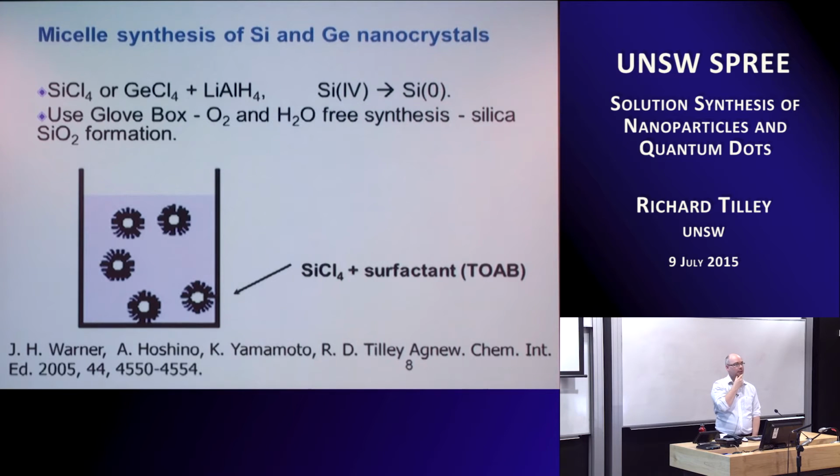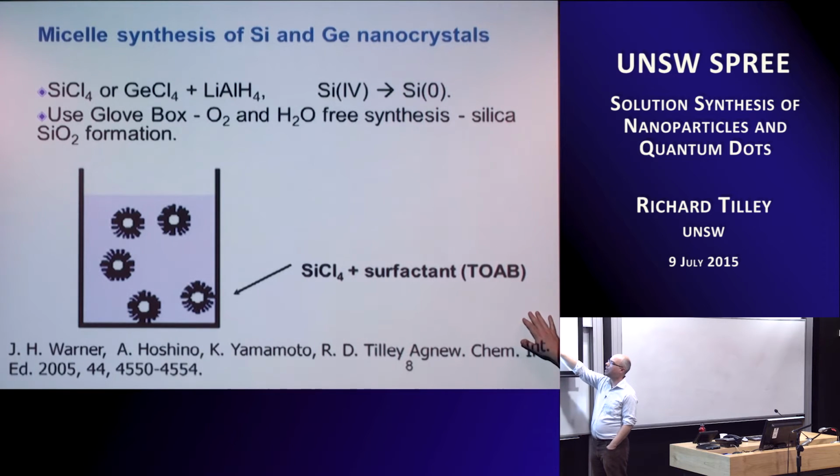The important thing with the synthesis is that you need to do it in an inert atmosphere, because silicon is sensitive to oxygen and water. Another important point was putting in a surfactant.